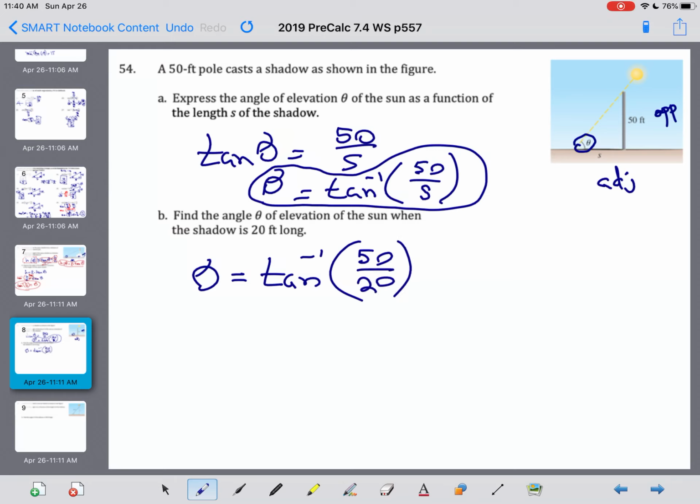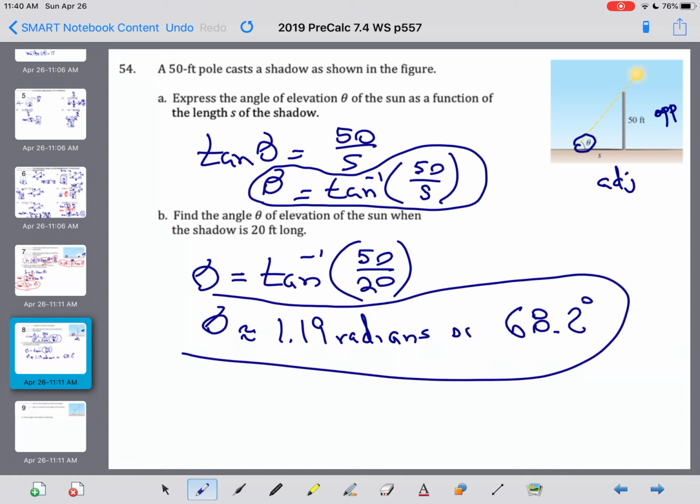So now we just type this in our calculator as it looks. If we're in radian mode, we're going to get 1.19 radians. If our calculator is in degree mode, we're going to get about 68.2 degrees. So again, those are both of our answers. Just be cognizant of what mode for angles your calculator is in.